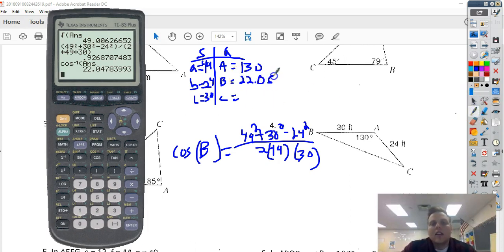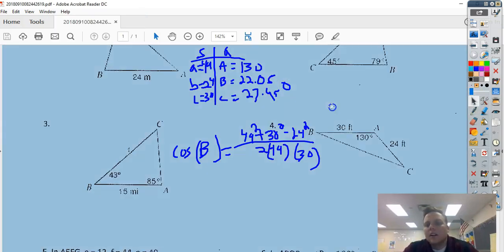Then I can find the third angle by adding the two angles I know together and subtracting from 180. So 180 minus the second answer. Bam, 27.95. So my third angle is 27.95. All right, let's move on.